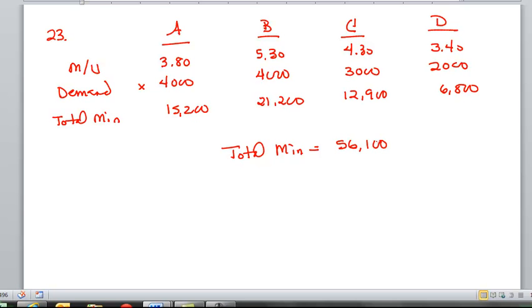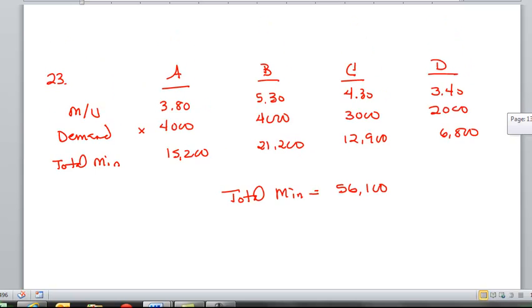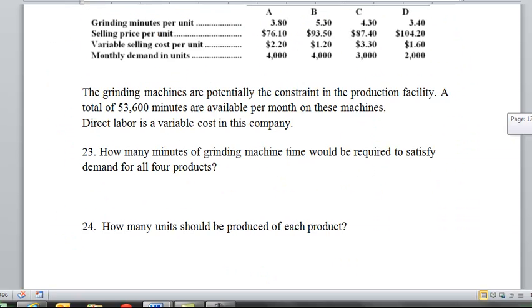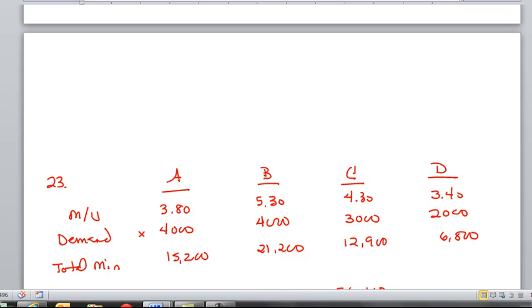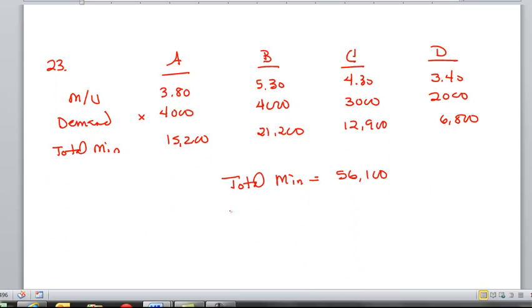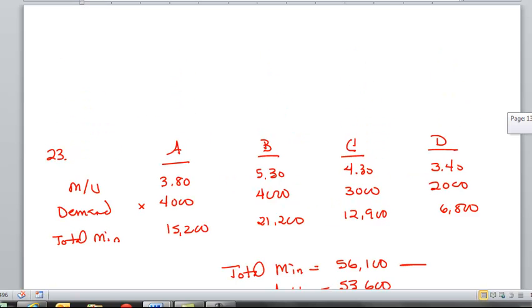Now remember, that's a problem because our total minutes available, if we go back up here, is 53,600. So here's our total minutes that we need. We only have available 53,600, which is why we're given question number 24.